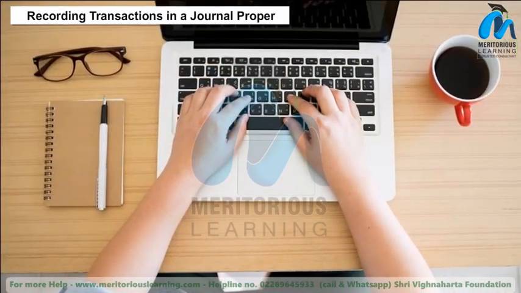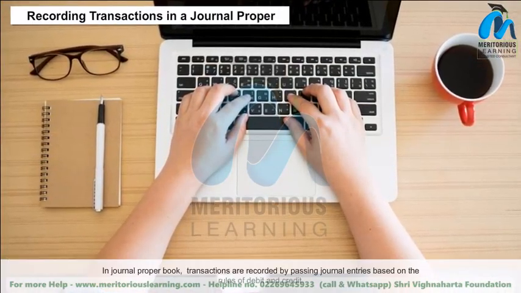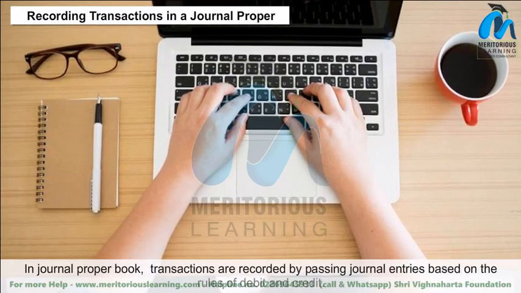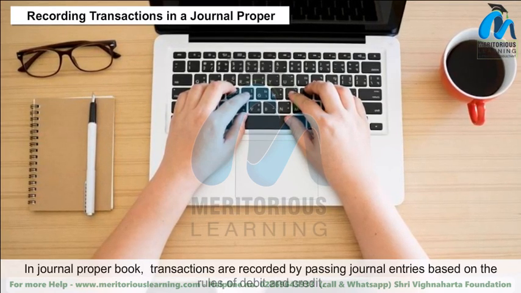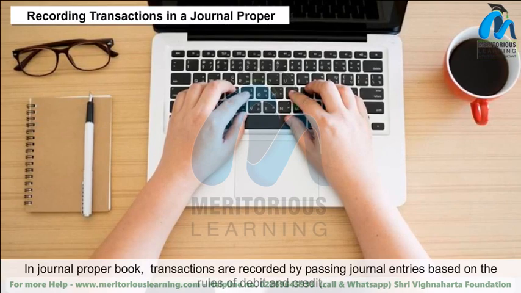Recording transactions in a journal proper. In the journal proper book, transactions are recorded by passing journal entries based on the rules of debit and credit.